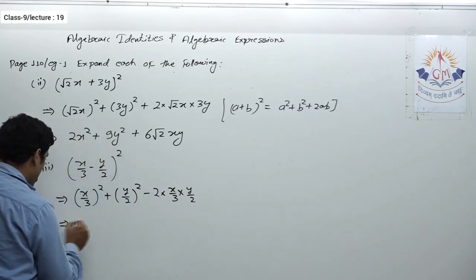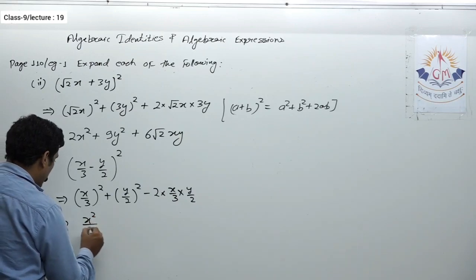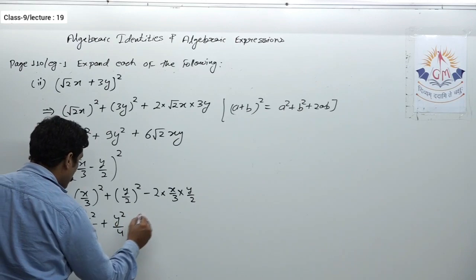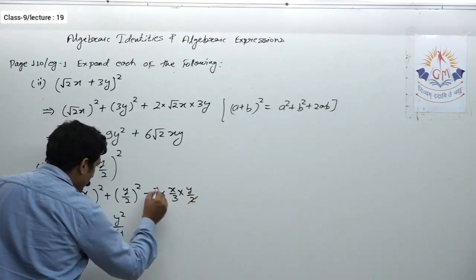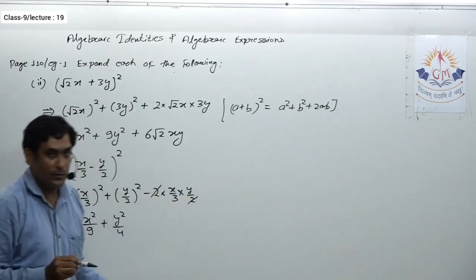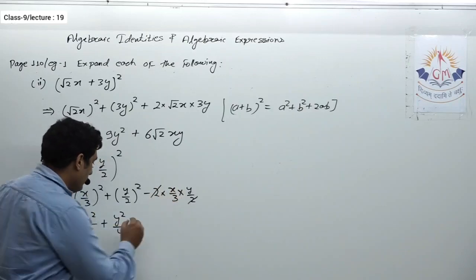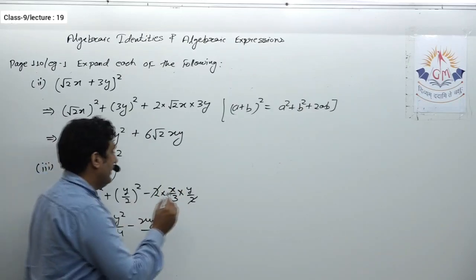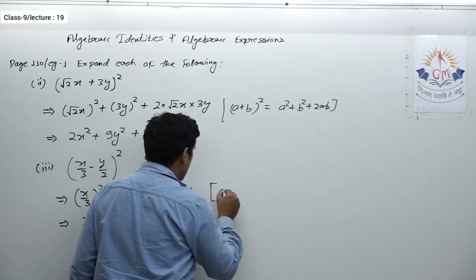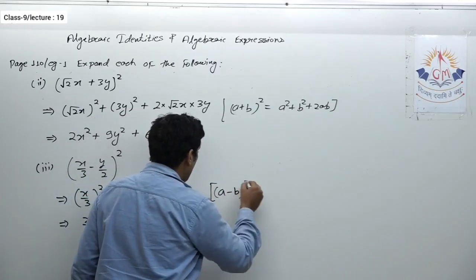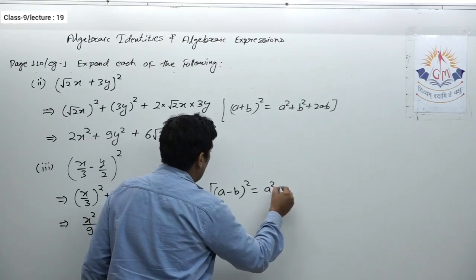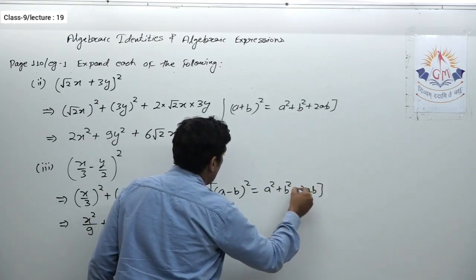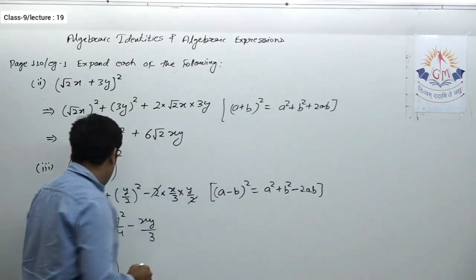So this will become x square upon 9 plus y square by 4. Now here we can simplify this, 2 and 2 we can cancel. So minus xy upon 3. The identity I used here is a minus b whole square, that is a square plus b square minus 2ab. I hope this is clear to you.